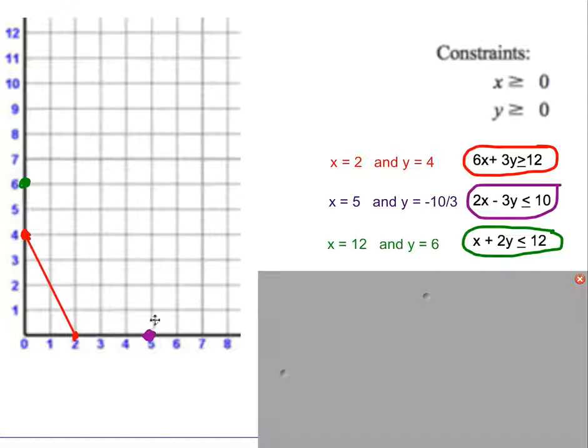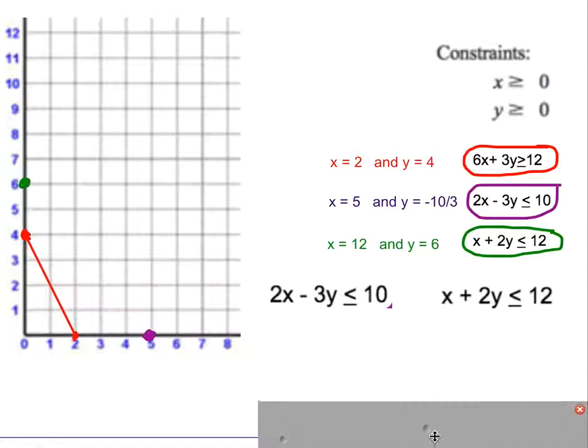So how do we graph these, the purple and the green? We'll have to switch it to y equals mx plus b form. Okay? So we do that by, and pardon my penmanship, we would subtract 2x from both sides.